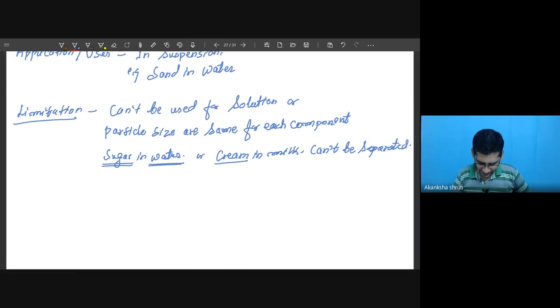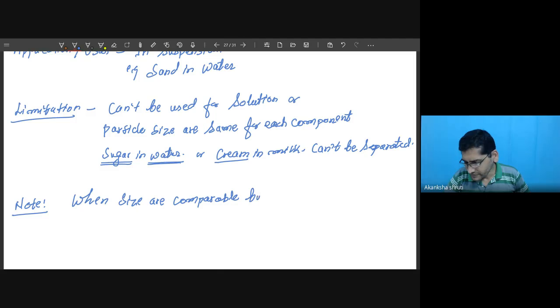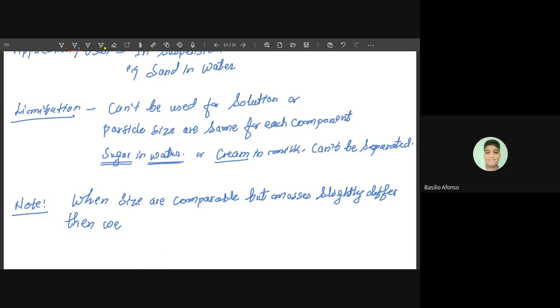So you may write here, when the sizes of the different components of the mixture are comparable, nearly the same, but the masses slightly differ, even in slight amount, not very largely, then which method do we use?